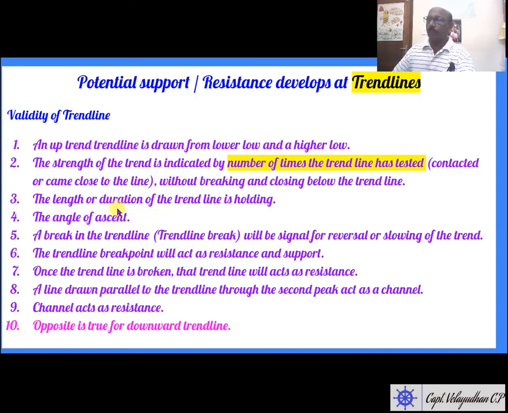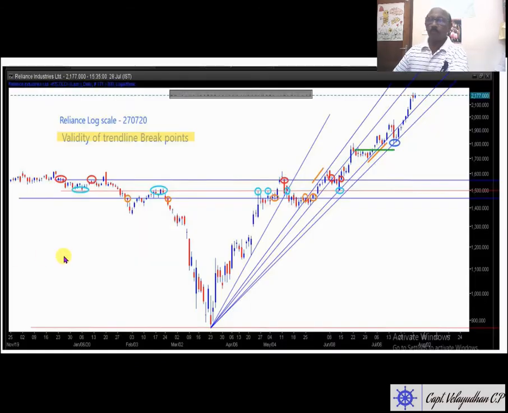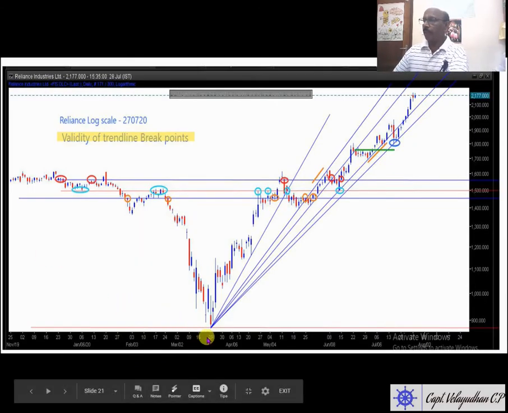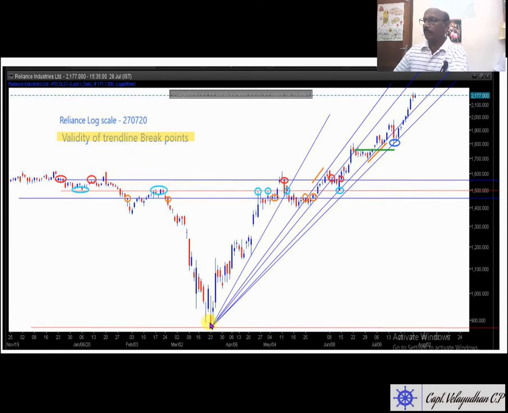So here we are talking about the duration of the trend line, how many days or how many weeks the line is valid. Let us have a look at the chart. Here we will take one example of the Reliance chart. This was the last bottom it made on March 23rd or so, and today is the 27th of July.